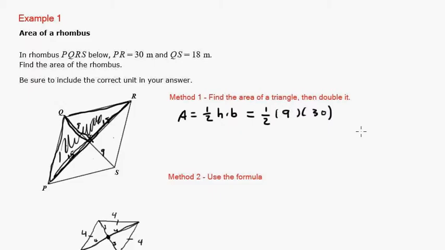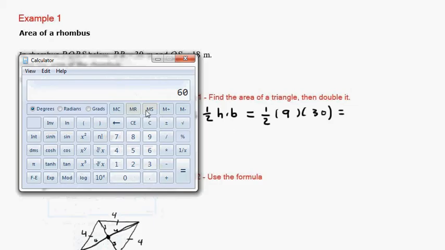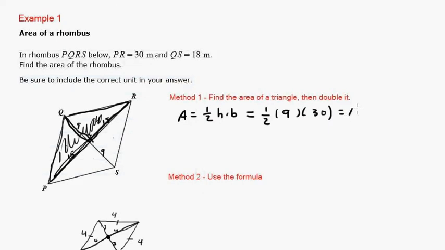What would that give us? Half of 30 is 15. Let's just do 9 times 30 and then divide by 2. So it's 135. But that's just the area of this side.